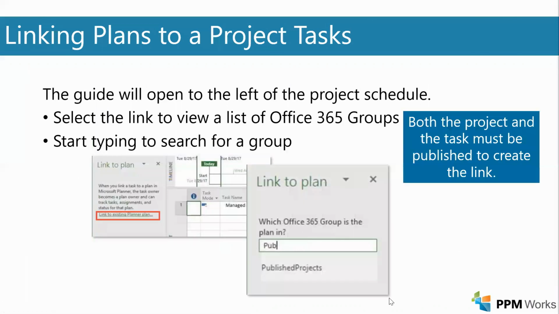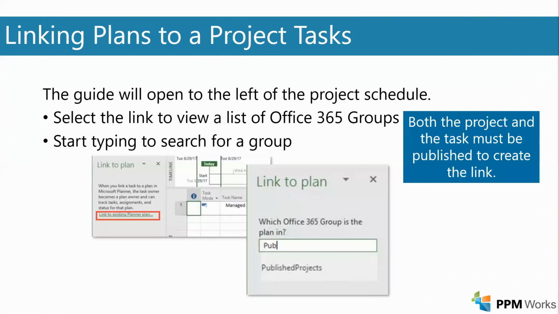And then we talked about linking to that existing project plan. I started to type Wingtip, and that automatically populates the list below. So you do need to know what the planner name is in advance. You can't just search for the plans that exist. You need to be able to type those in. Then you select it, it makes a connection, and that is simply a link where you can then open Microsoft Planner from your project file.